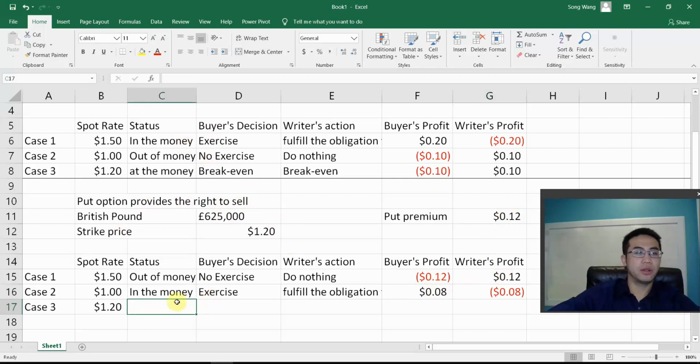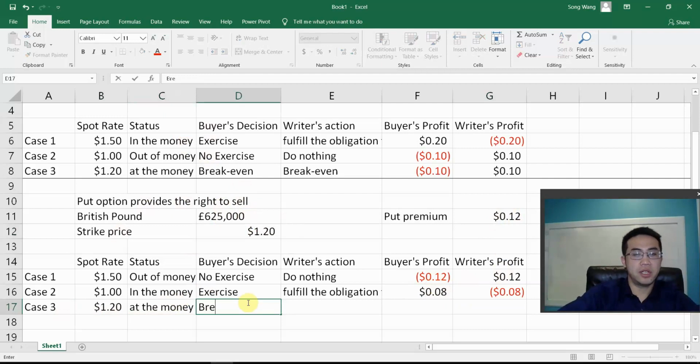In case 3, it is definitely an at the money situation because the spot rate right here equals the strike price. So this is a break-even situation. The buyer may choose either to exercise or not, and the writer's action would also be break-even, depending on the buyer. So the best description here is to say this depends on buyer.